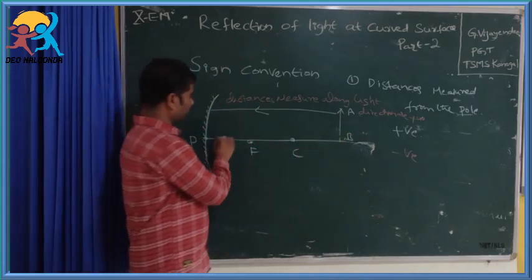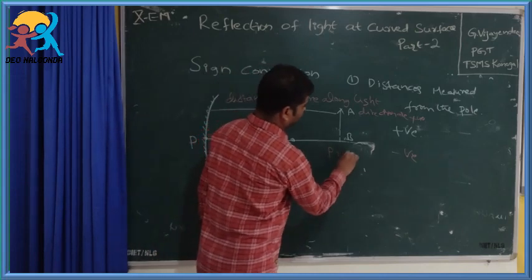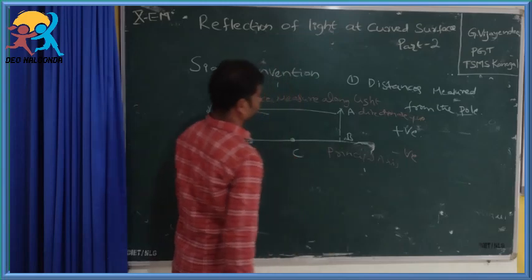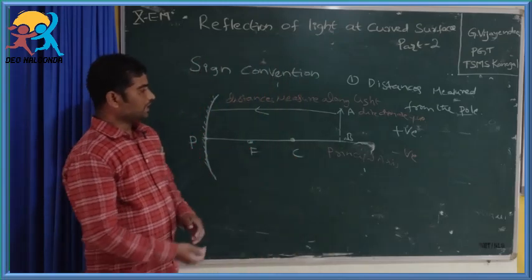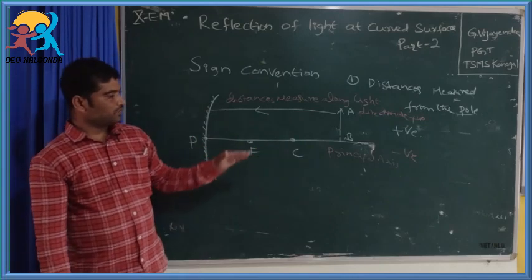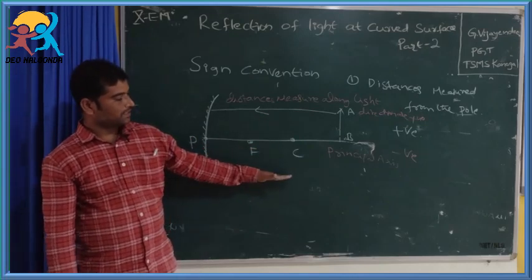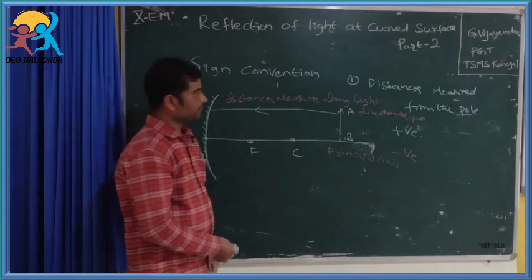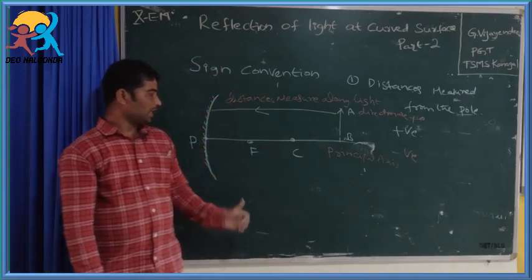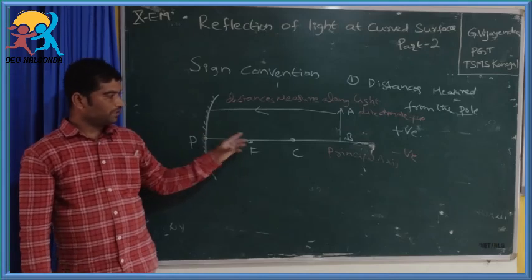Next, the object height and image height. Heights are measured from the principal axis. The heights above the principal axis are taken as positive, and the heights below the principal axis are taken as negative. Here, in sign convention, we have three rules. First, all distances are measured from the pole of the mirror.